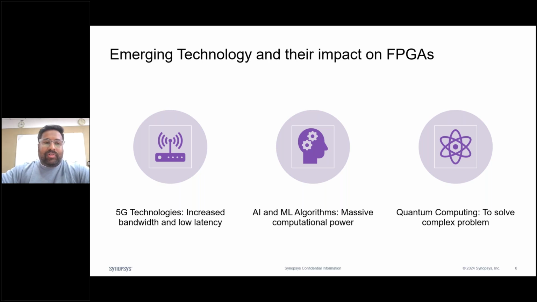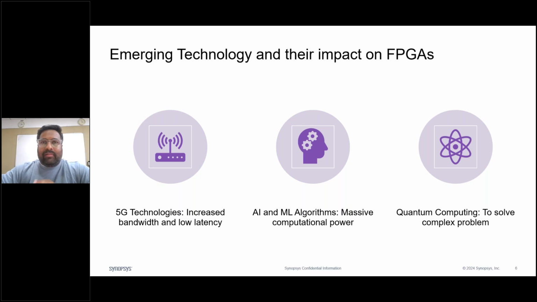As you know, at least in India, we are using 5G technology. But outside of our country, many countries are already using 6G and 7G technologies. So this is one of the growing or emerging technology areas where FPGA has been extensively used.